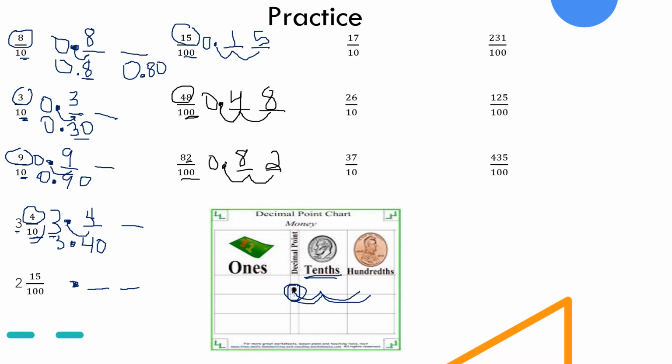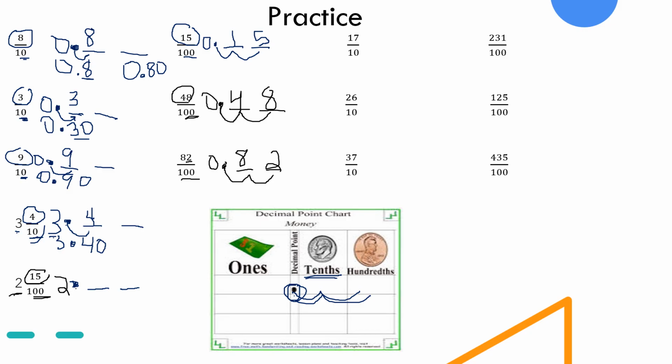So this time I look at my mixed number. I have a whole number. Again, whole numbers go where? In front of the decimal point, just like dollars in your money. And then my fraction, I have the number 15. Check my denominator. I have 2 zeros. That means we're moving how many places? 2 places.